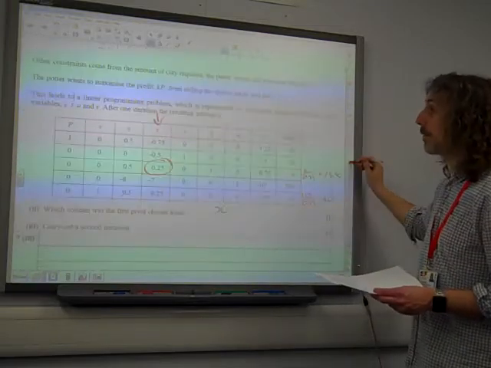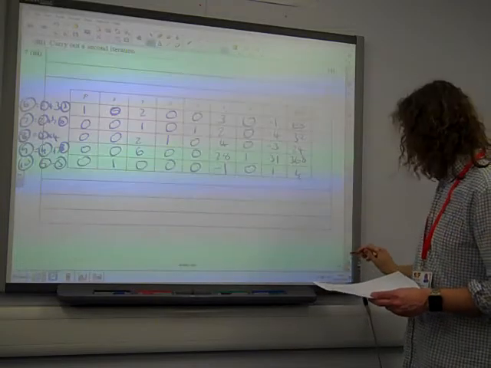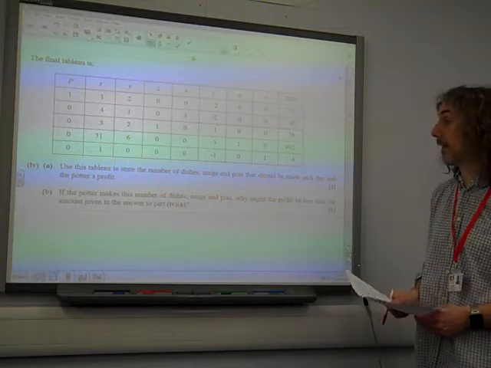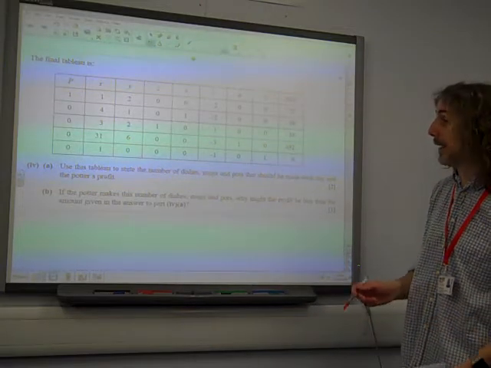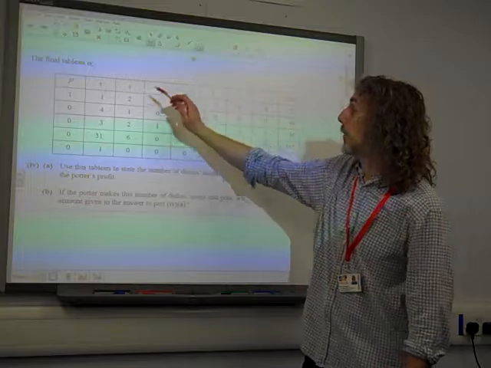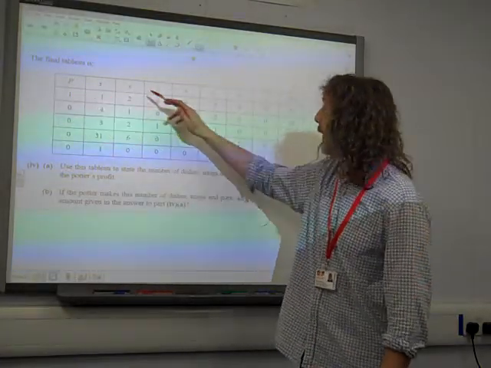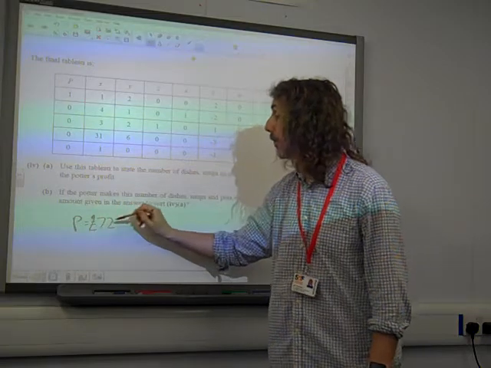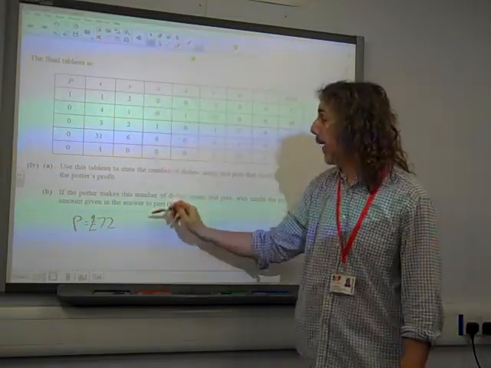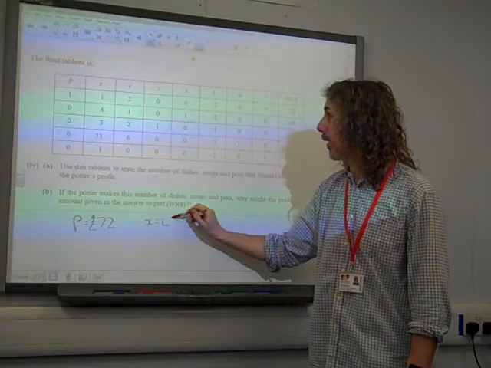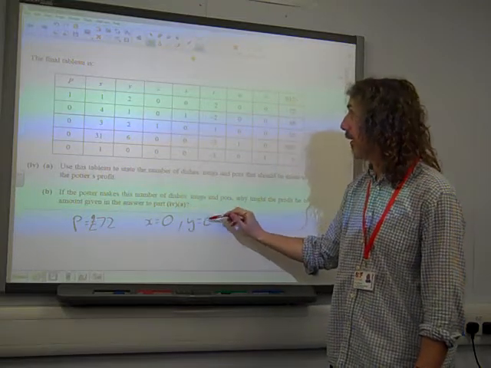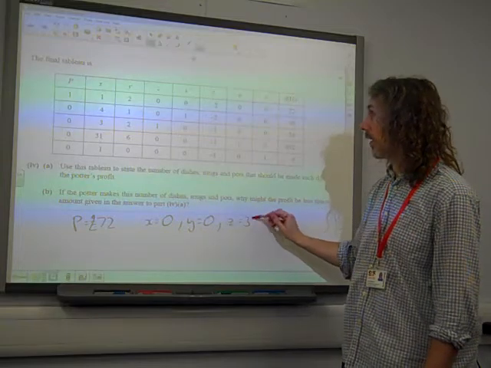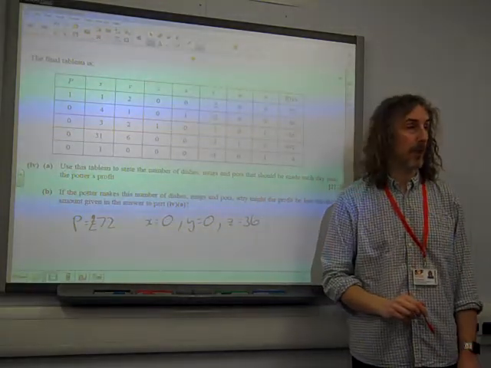Then the question said, what did the question say? The final tableau is there. Use this tableau to state the number of dishes, mugs, pots that should be made each day and the potter's profit. So the profit is 72. He should make 0 x, 0 y, and 36 is the value for Z. That's what we get from those.